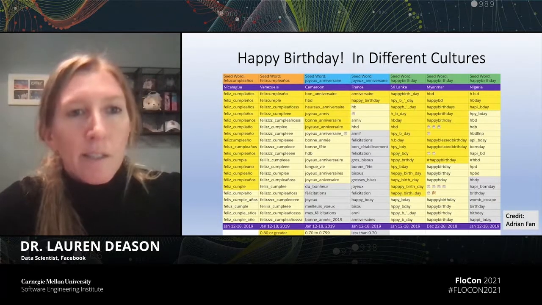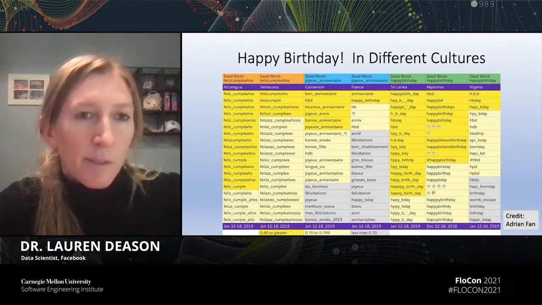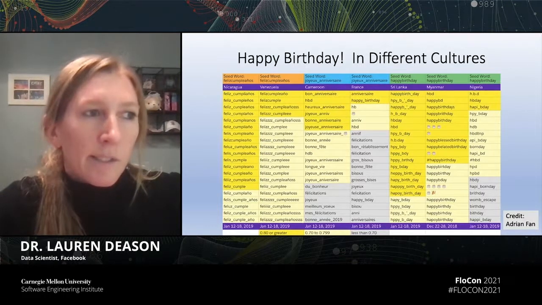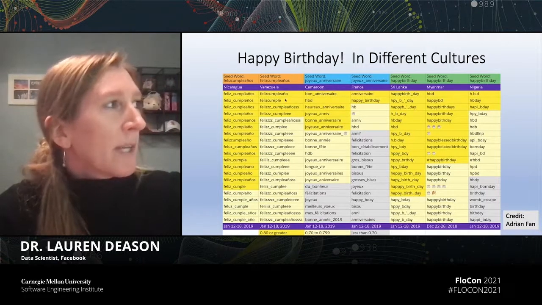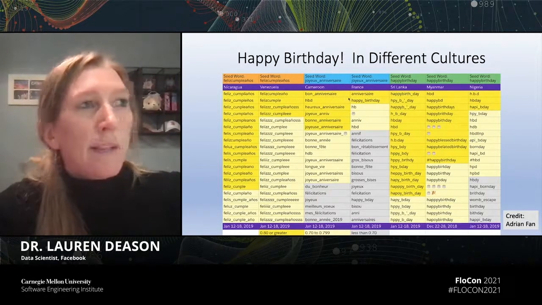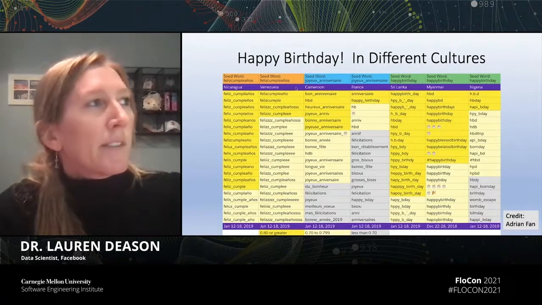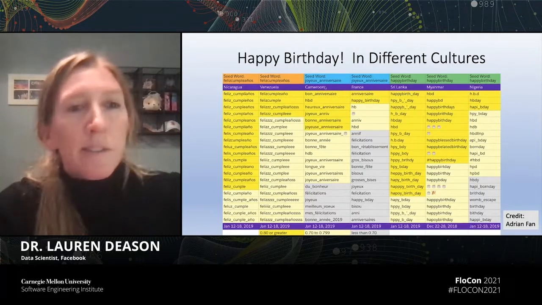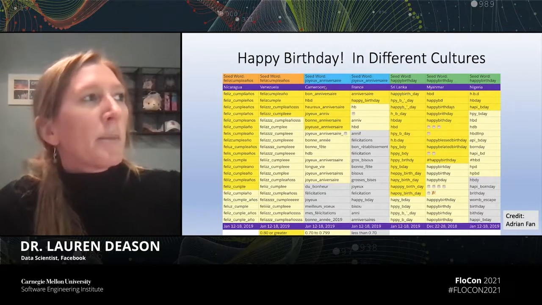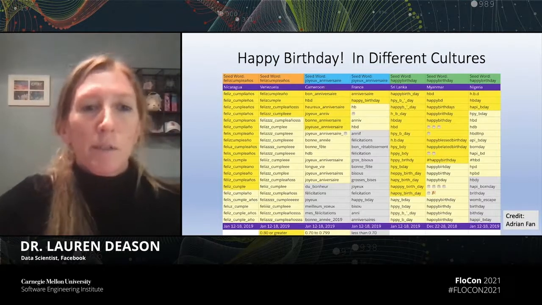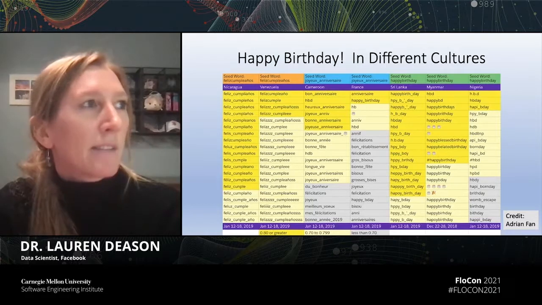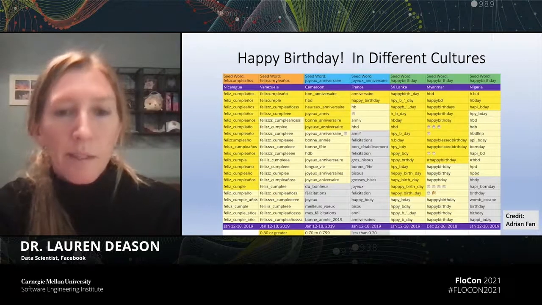So models like this need to be trained in a market-specific way and constantly updated. This slide shows you the nearest neighbors in the embedding space of these seed words in various markets, where you can see that even in markets that speak the same language, you get a variety of different text that is similar to happy birthday.